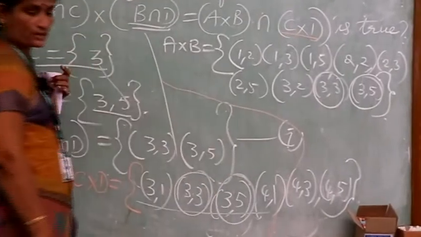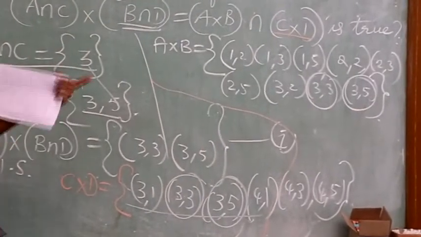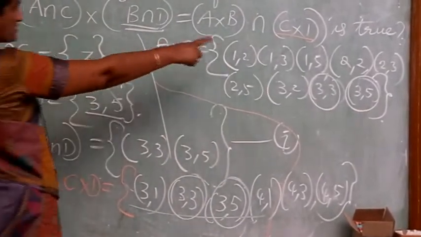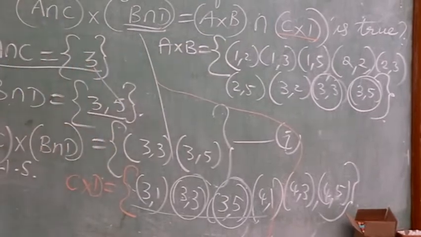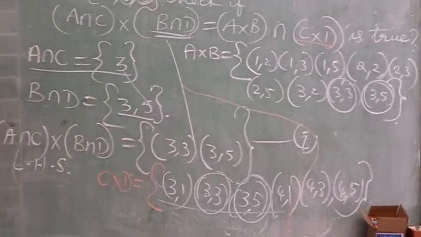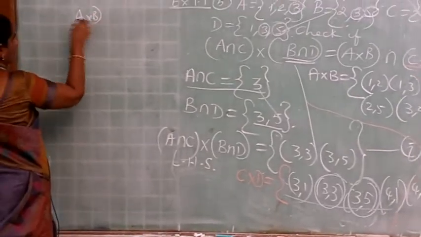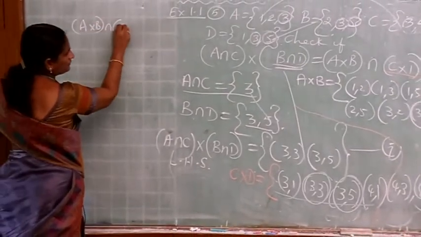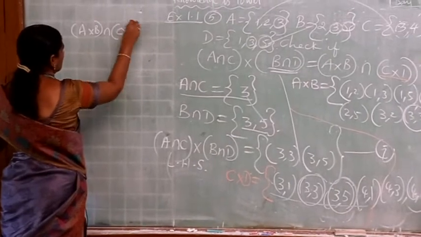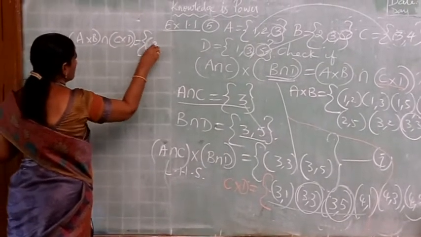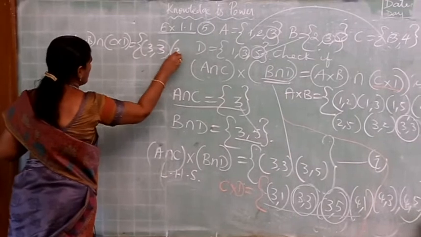These two are only common. Therefore, what's the answer? A cross B intersection C cross D is (3, 3) and (3, 5).